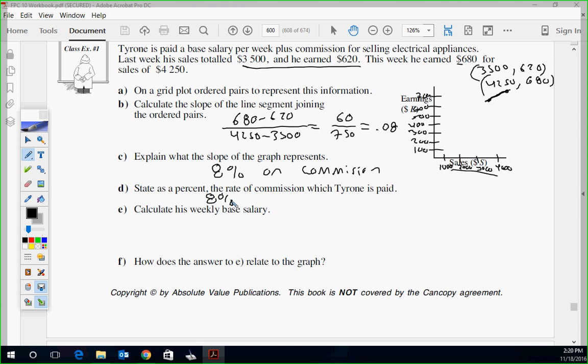Calculate his weekly base salary. So what does that represent? Right now, we know our equation is this. His base salary, does that ever change? It's your y-intercept.